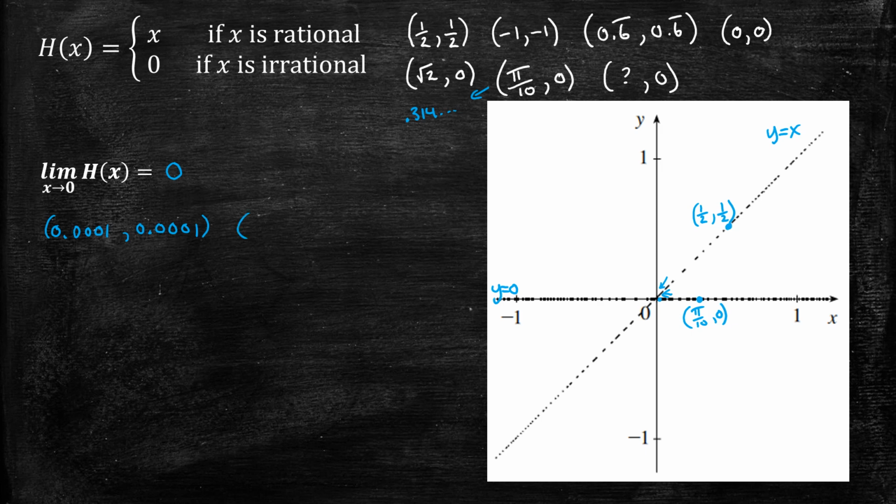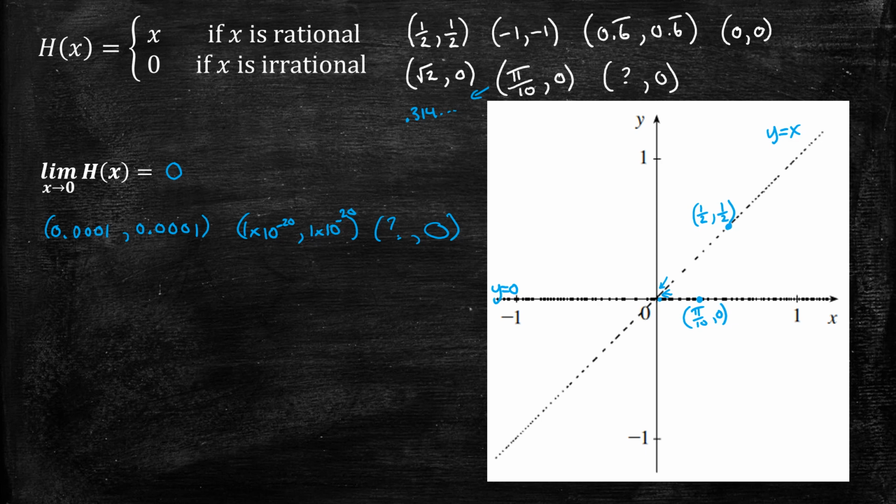And if I want to get even closer, say 1 times 10 to the minus 20, well, I just give you 1 times 10 to the minus 20 as an x value, and you are getting closer and closer to 0. In fact, if I pick any irrational number that's really close to 0, I also get 0. Apologies for this little squiggle.